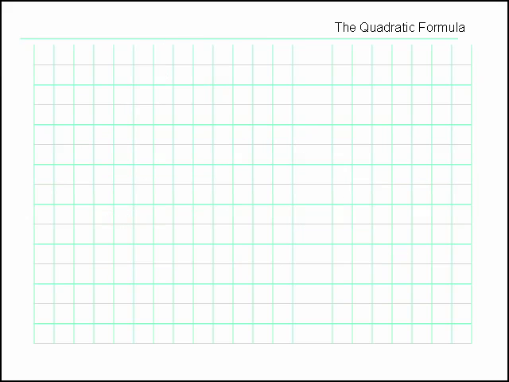For example, find the discriminant. 6x squared minus x minus 15 equals 0. Okay.